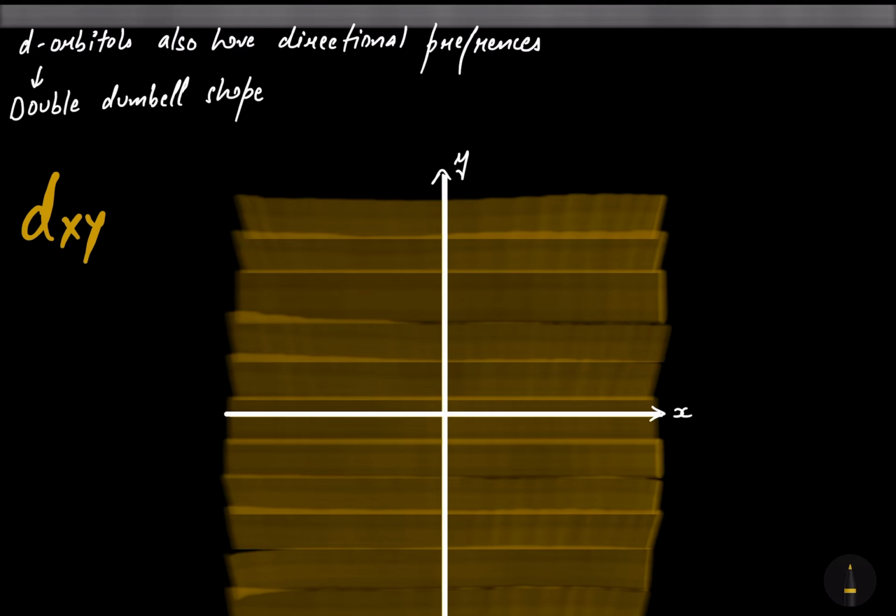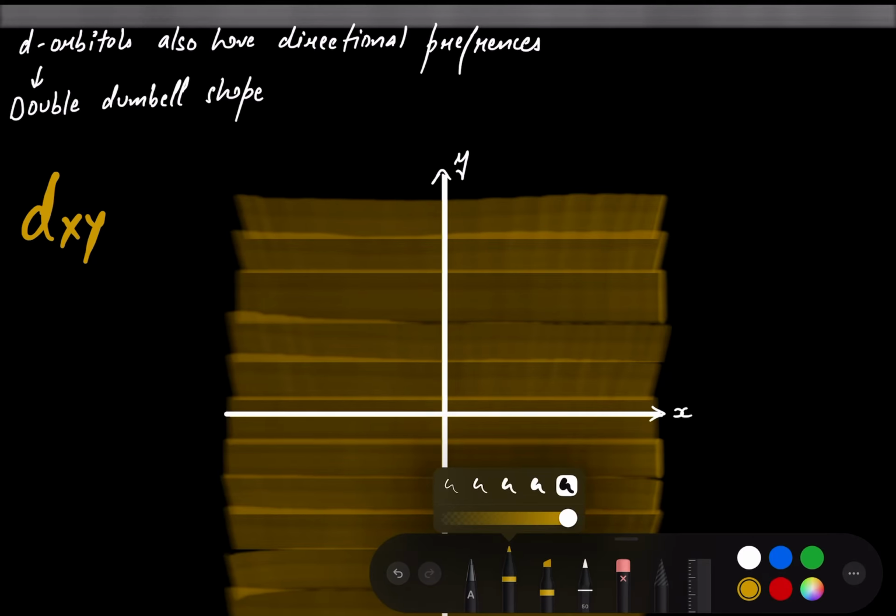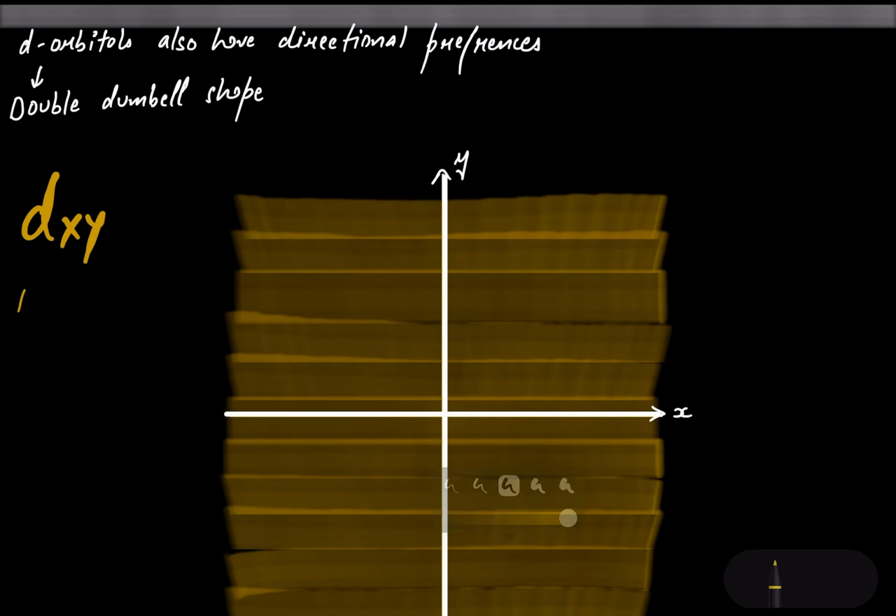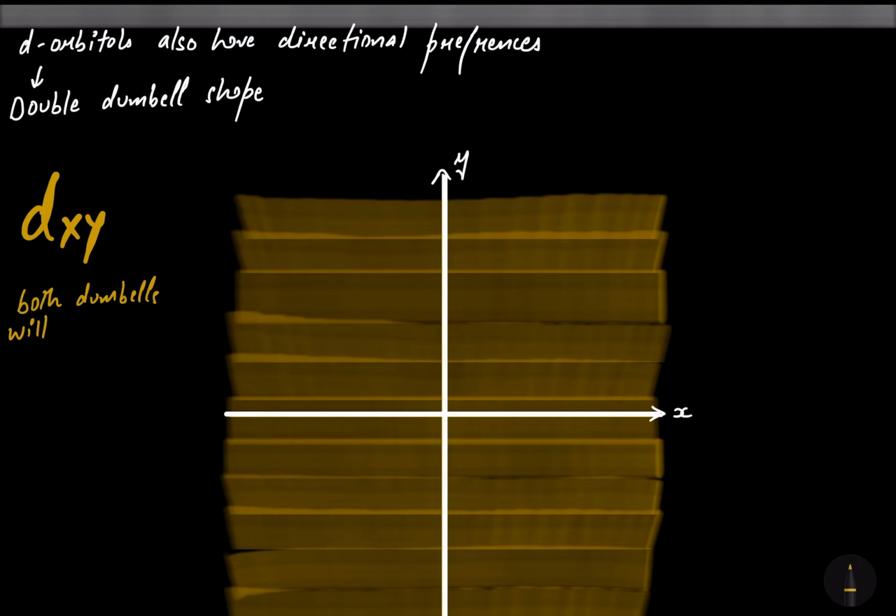In dxy, both dumbbells will be present on xy plane. I have already drawn the xy plane for you. The yellow part is the xy plane.